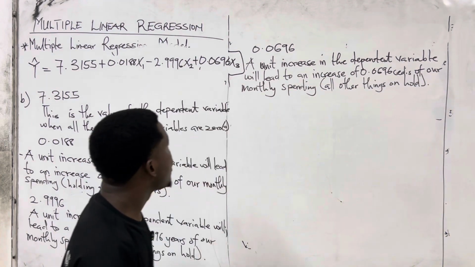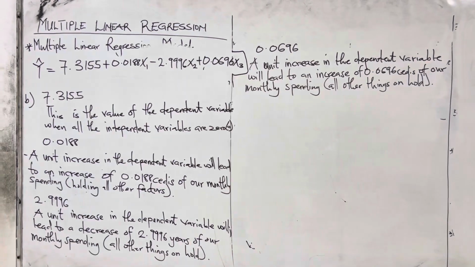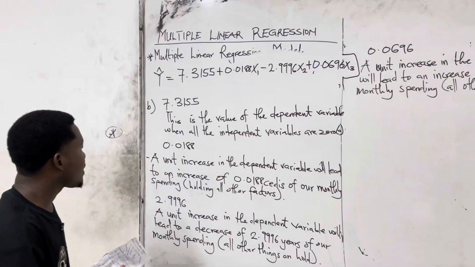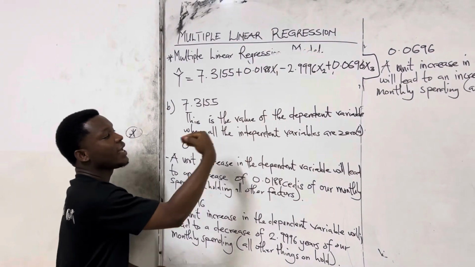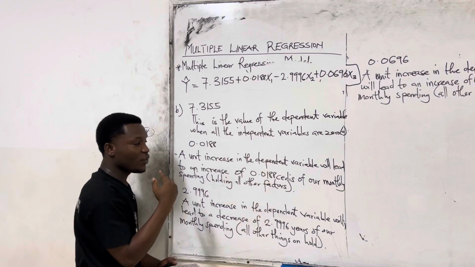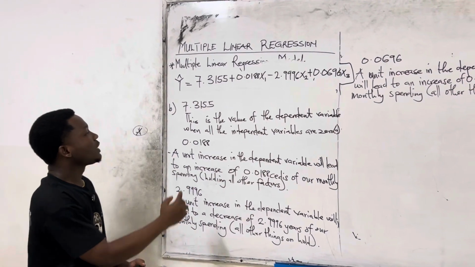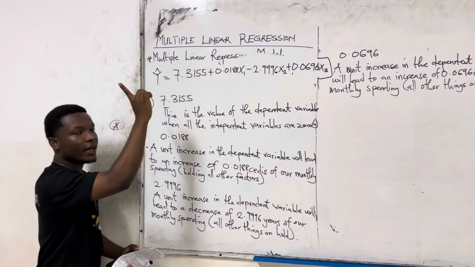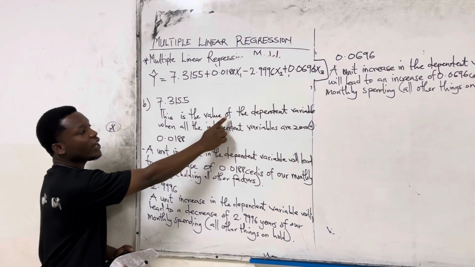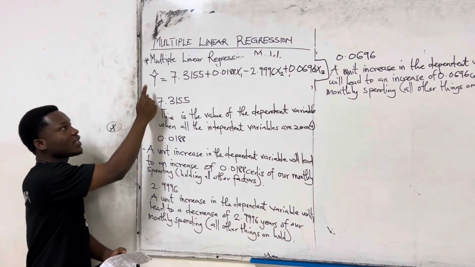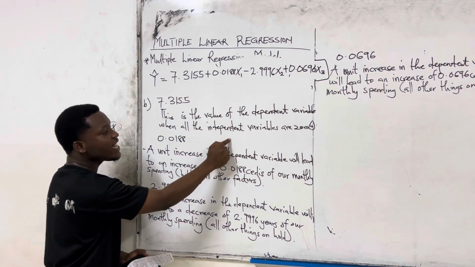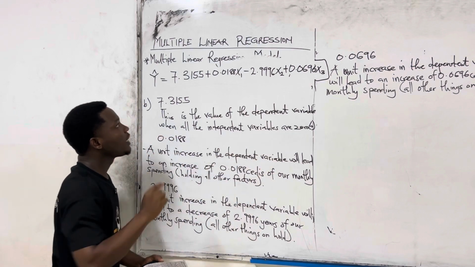So this is it. So right now we are done with the interpretation. Now you see that we have an increase, and we have a decrease. Now this figure is a positive figure, and we are saying that this is the value of the dependent variable, which is the y, when all the independent variables are zero.